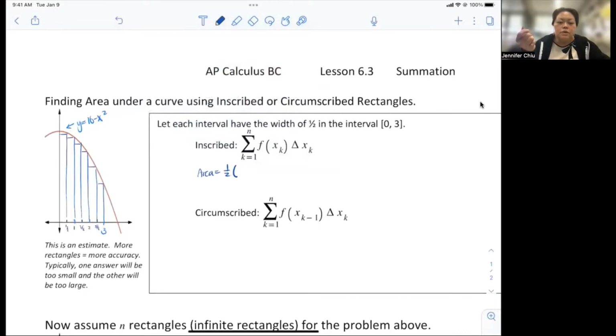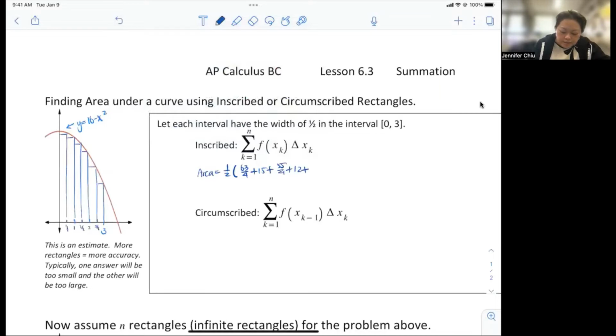So 16 minus 1/2 squared, so 16 minus 1/4, that would give me 63 over 4, right? 16 minus 1 squared is 15. 16 minus 9 over 4, so that's 64 minus 9, that's 55 over 4. And then 16 minus 2 squared is 12.